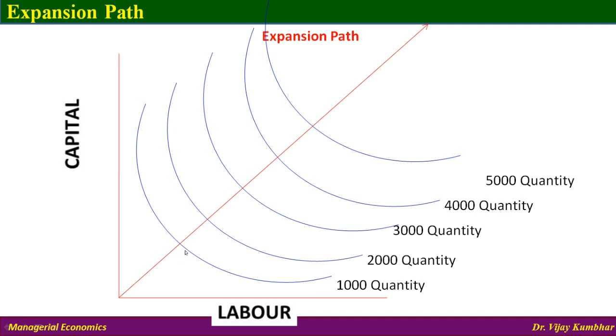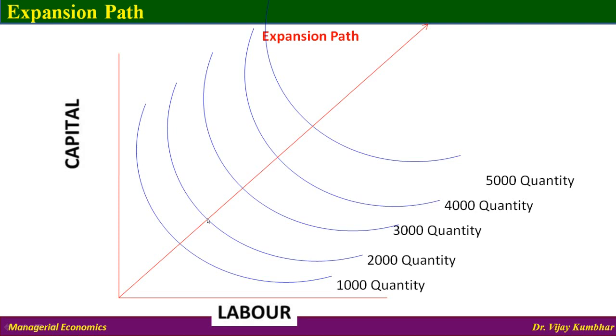This is the particular point where it is the optimum combination of capital and labor. If you want to increase the level of production up to 2000 quantity, this is another isoquant, but the optimal combination for this quantity is indicated through this point.